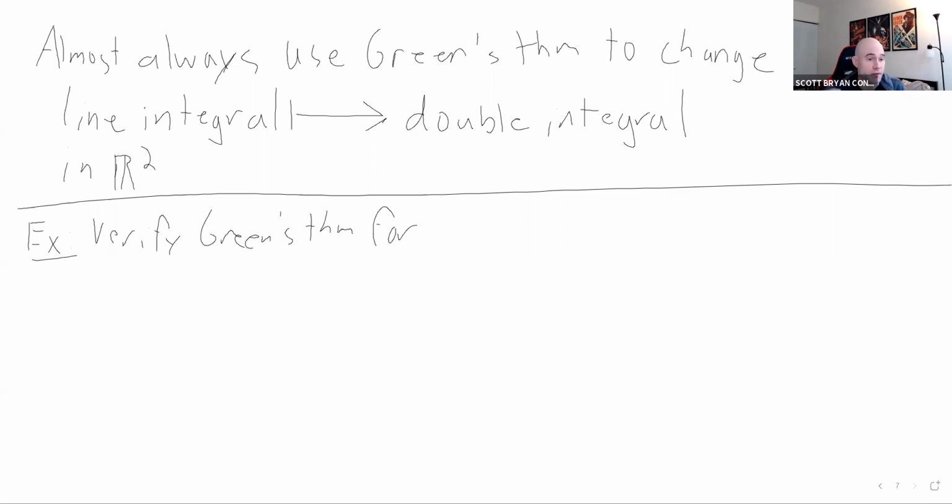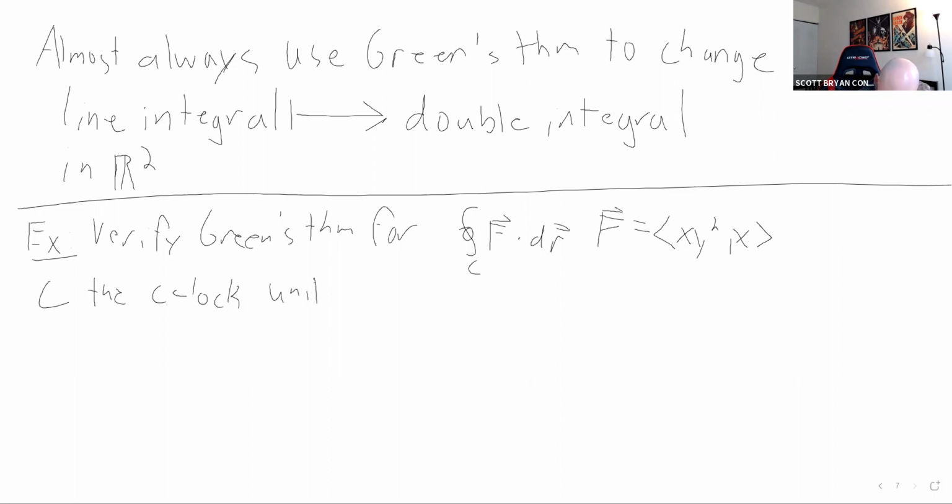So let's do an example where we do both of them and we show that we get the same answer. So let's verify Green's theorem for the integral over the curve C of the vector field f, where f is going to be xy squared, x, and C is going to be the counterclockwise oriented unit circle centered at the origin.